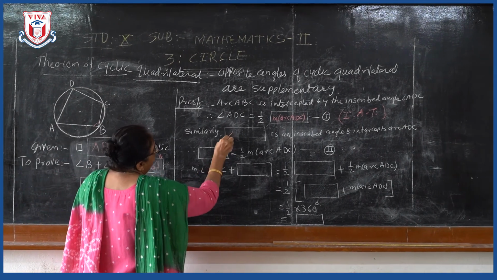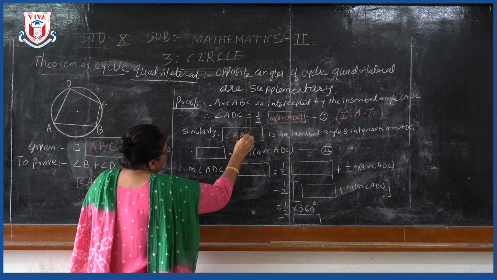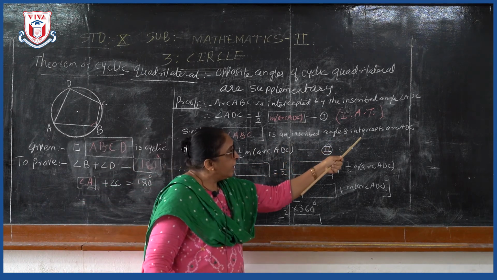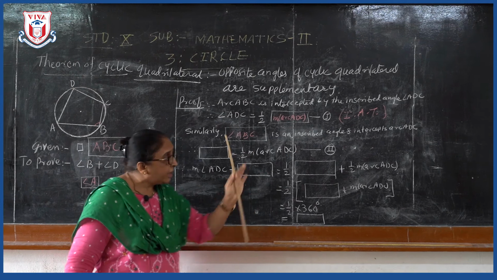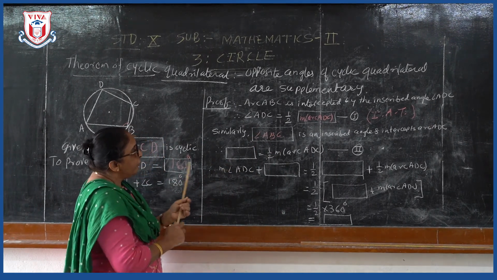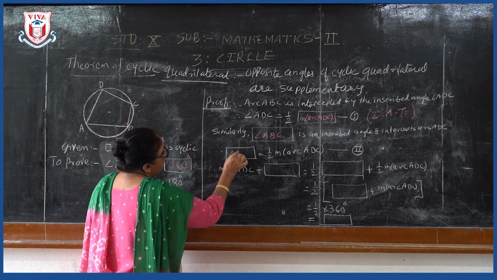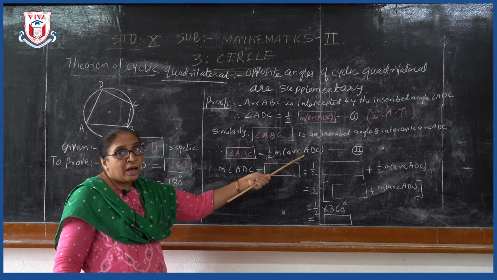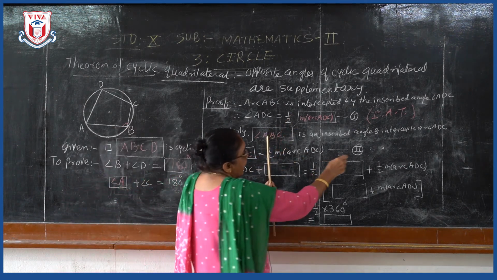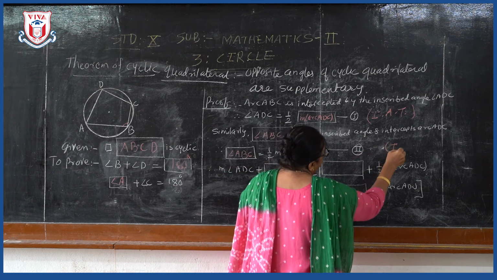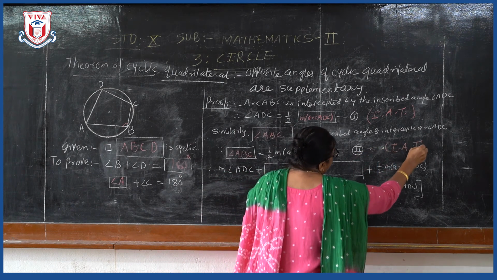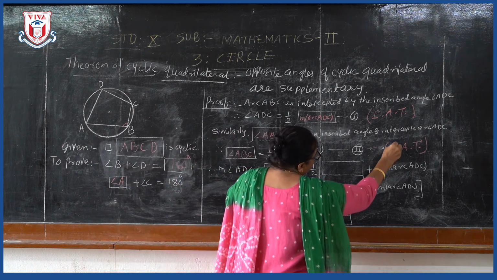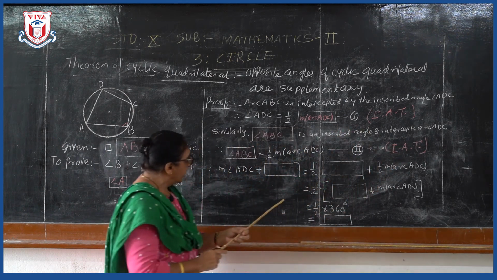So, angle ABC is an inscribed angle and intercepts the arc ADC, and therefore angle ABC is equal to half major arc ADC. Second statement, this is also we get by using the inscribed angle theorem. I have used the short forms for that inscribed angle theorem.